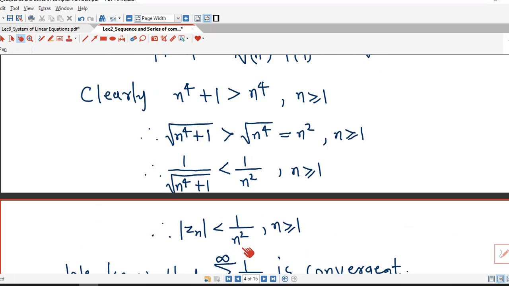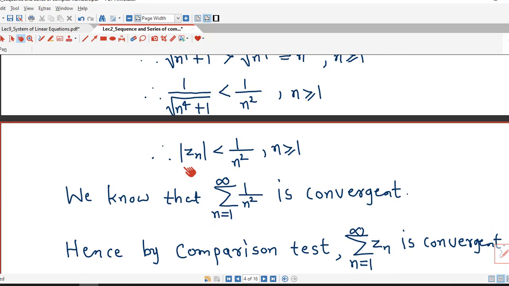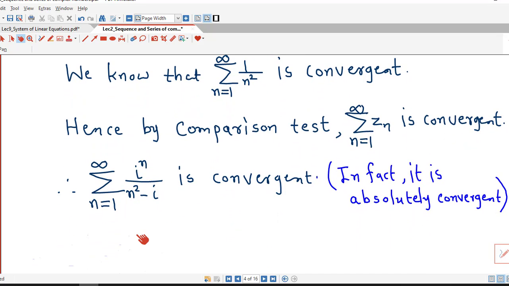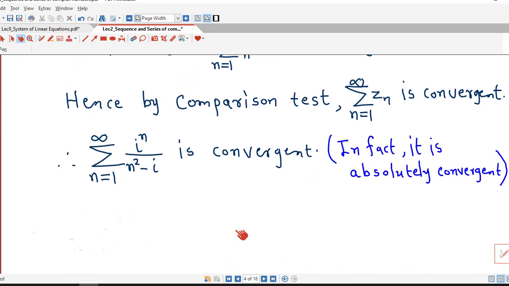Here we have compared this sigma mod Zn with sigma 1 by n square. Sigma 1 by n square is bigger than sigma mod Zn, and it is finite, therefore sigma mod Zn is finite, therefore it is convergent, and therefore the given series is also convergent by comparison test.